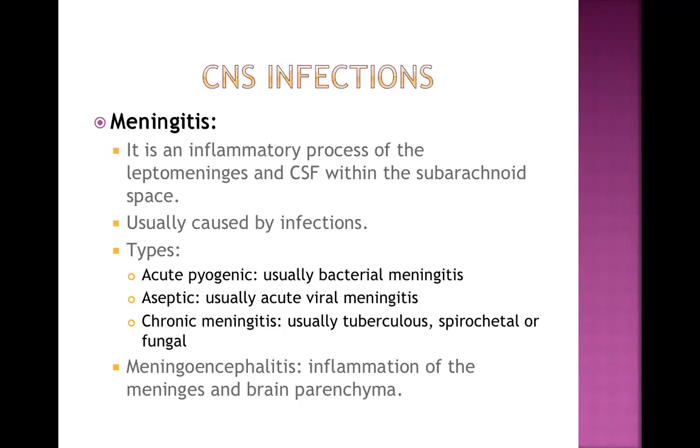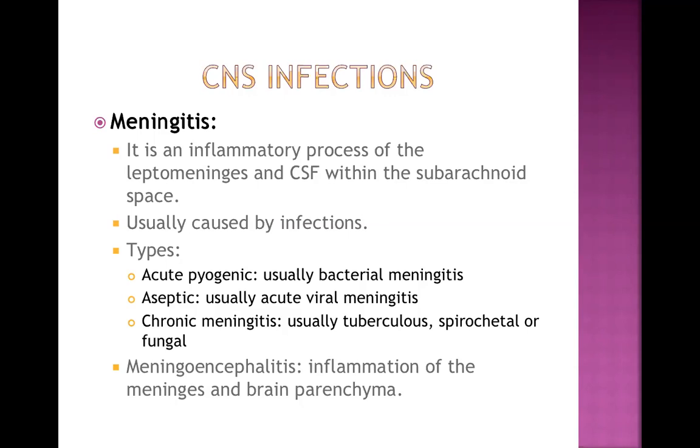Now, meningitis is mainly caused by infection, and there are different types of meningitis like acute pyogenic, also known as acute bacterial meningitis, usually caused by pyogenic organisms or bacteria. Aseptic meningitis is usually acute viral meningitis. Aseptic means no pus formation. Remember the term.